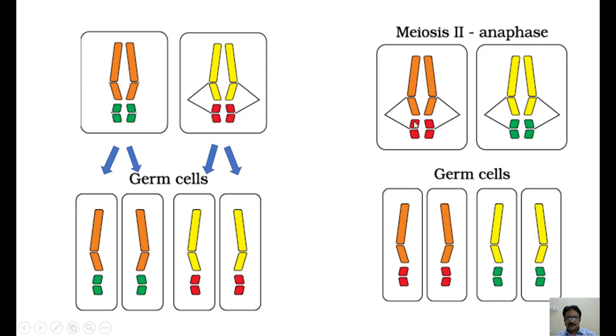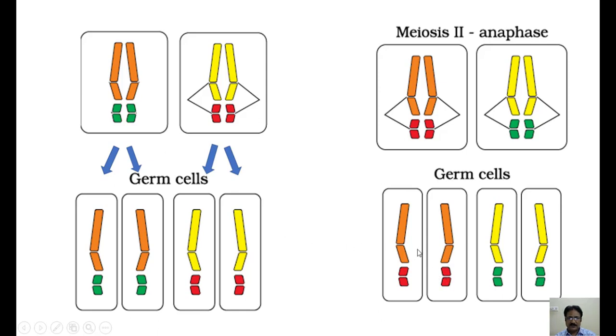according to the movement of the chromosomes in the meiotic 1 division, we get the combination of chromosomes in the germ cells. Here you see it is orange and green, but here it is yellow and green. Here it is red and yellow, here it is red and orange.